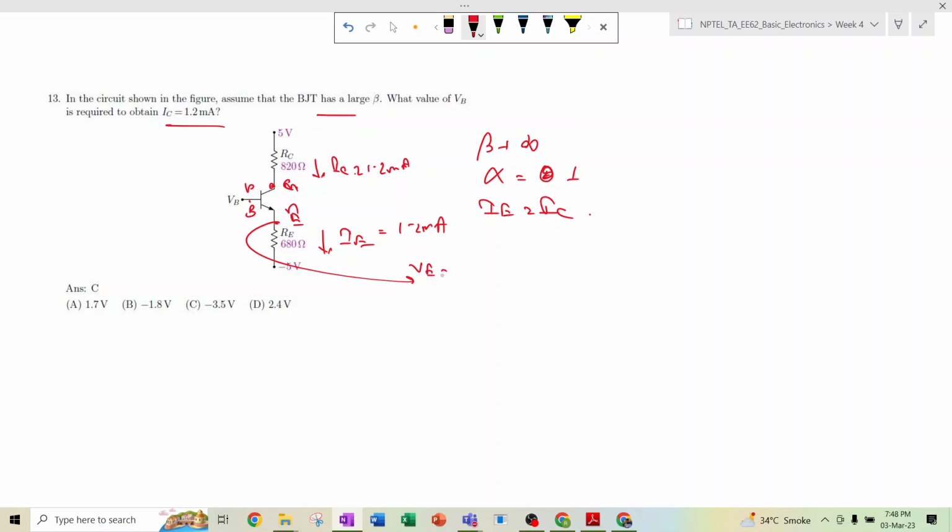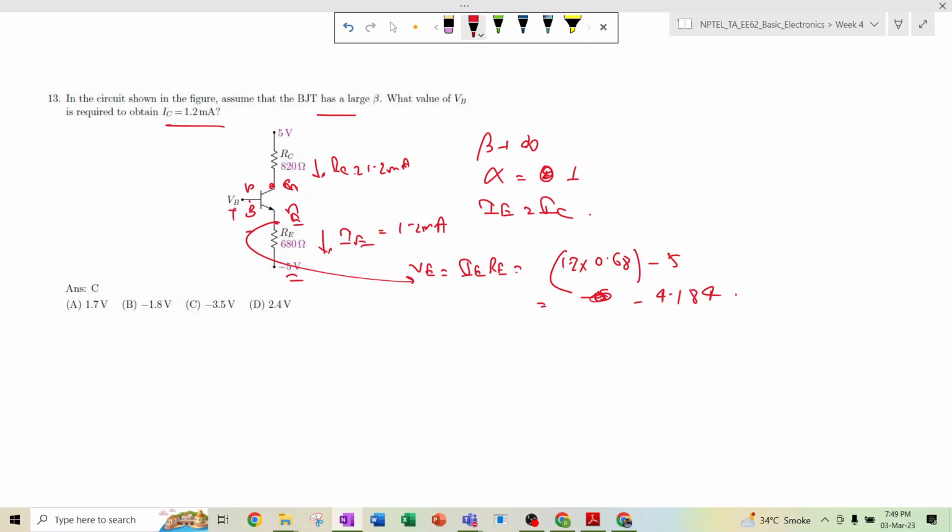So the emitter voltage VE is nothing but IE into RE, that means 1.2 milliampere into 6.8 kilo-ohm, and here it is minus 5. So minus 5 plus 1.2 into 6.8, so it is minus 4.184.